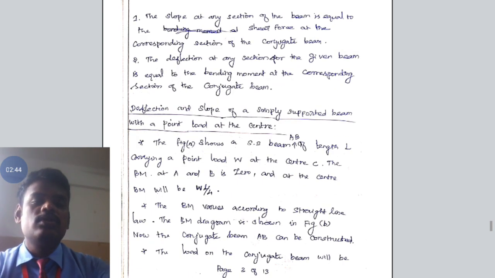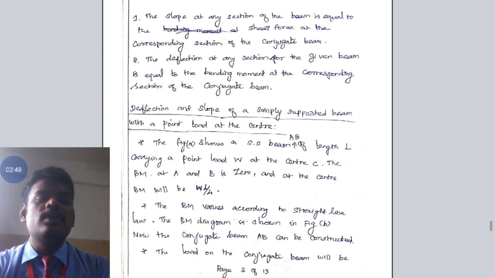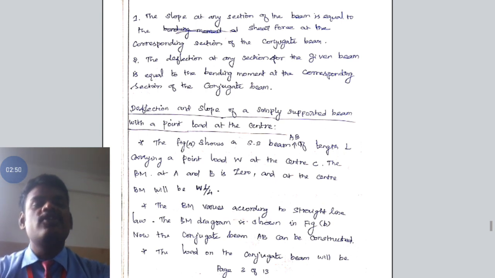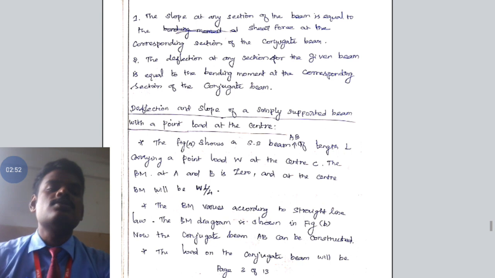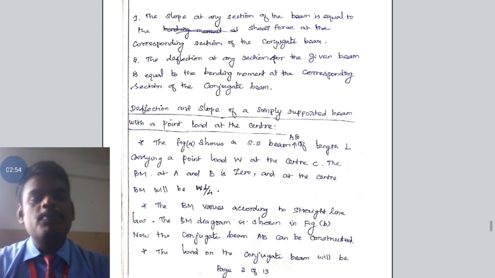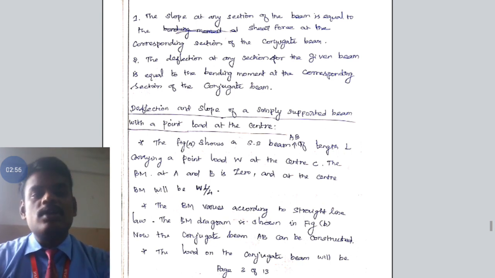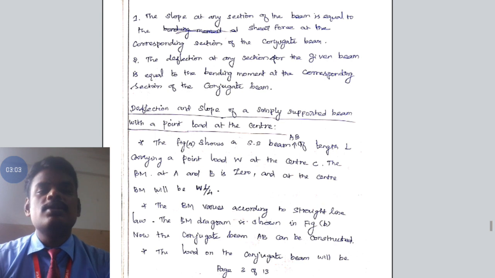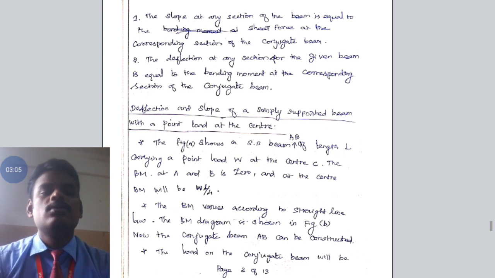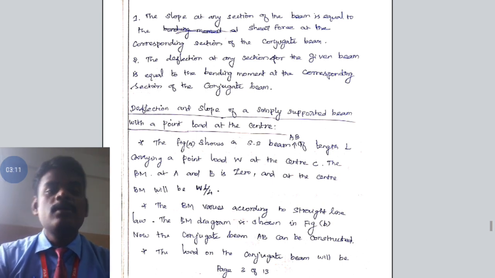First one, derivation for a simply supported beam which has a point load at its center. We have already discussed the value of deflection and slope for a simply supported beam with a point load at its center by Macaulay's method and also the double integration method.